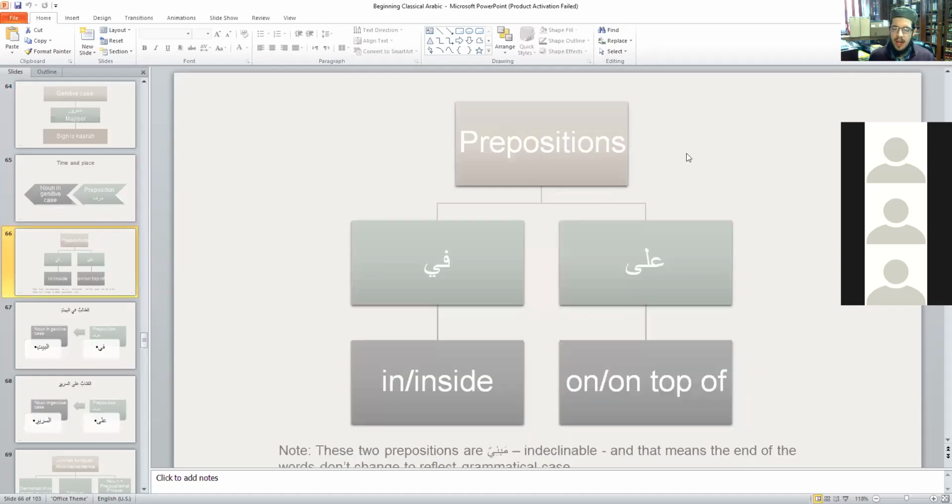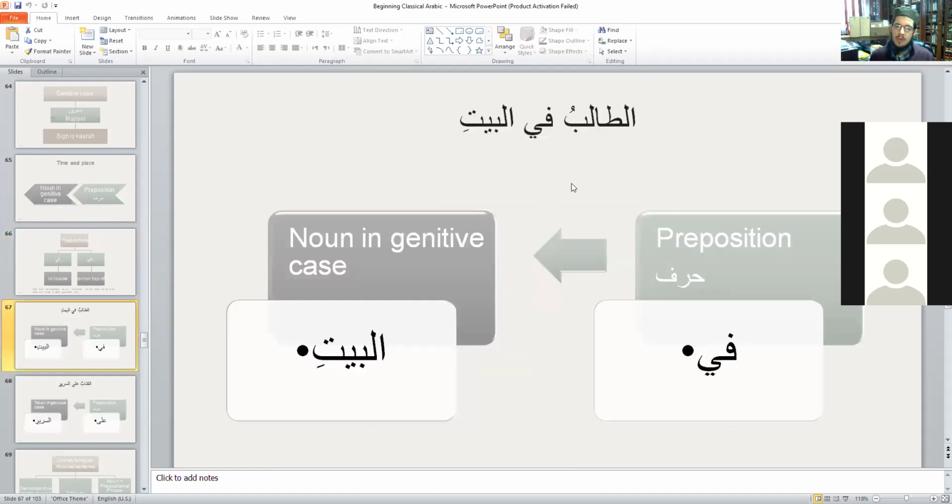And in order to help us talk about relationships of place between nouns, we learned a couple of prepositions: ala, which is on or on top of, and fi, in or inside. And we noticed how the grammar changes in a prepositional phrase. What is the word that has to have the kasra to demonstrate the genitive case? It is the second word in the prepositional phrase, the noun that comes after the preposition.